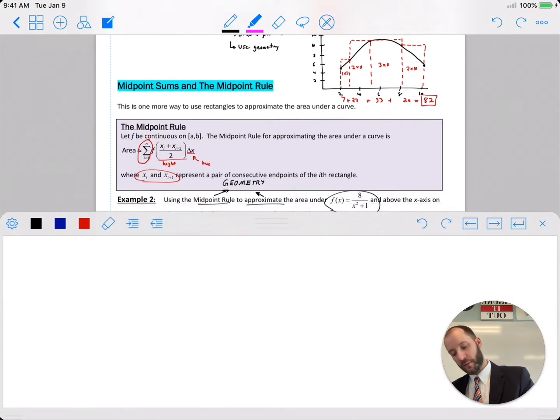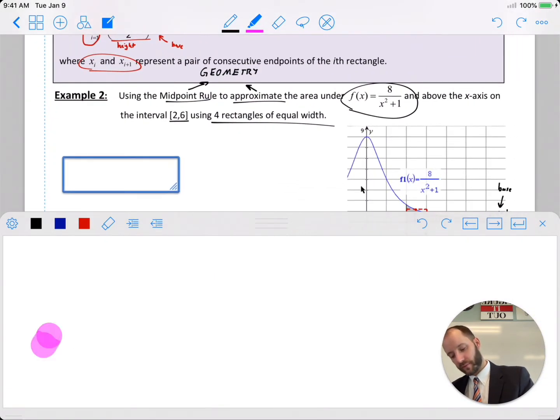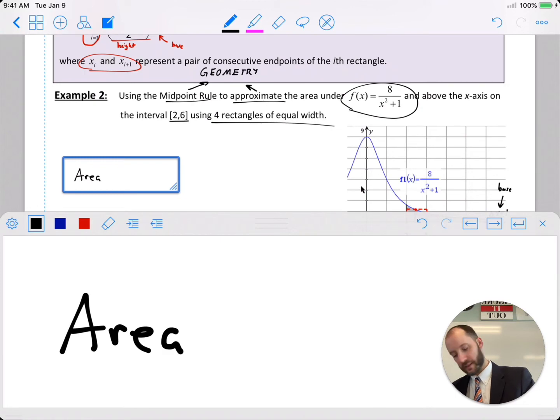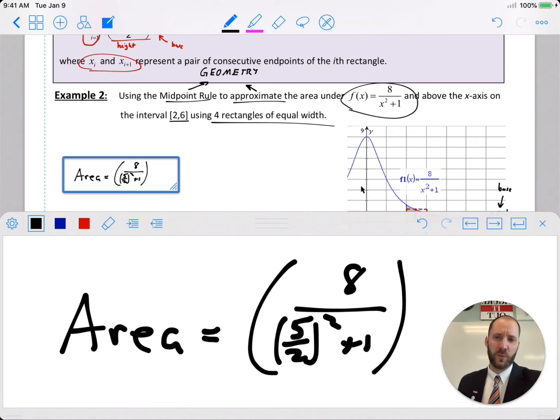Don't write in highlighter, that won't be clear. So area is our height, 8 over 5 halves squared plus 1, times our base. Well, our base is 1, so why write it, okay?